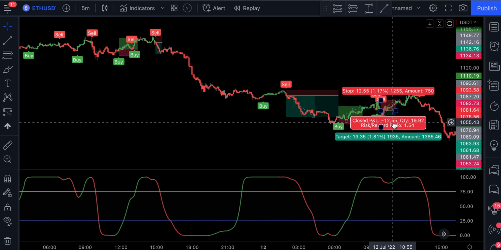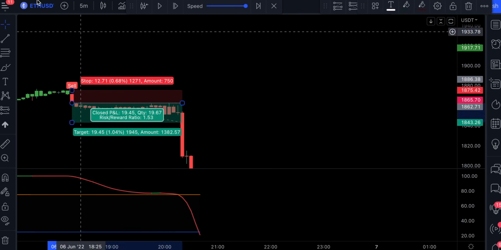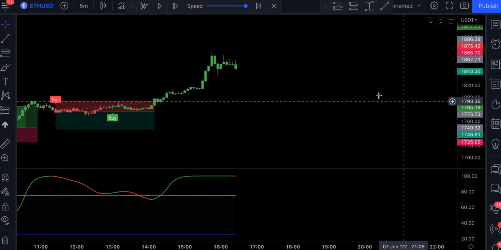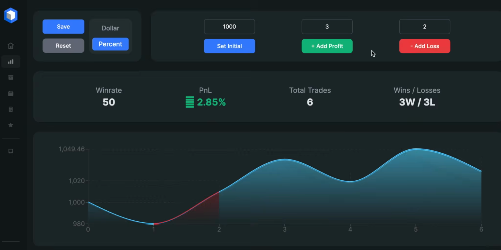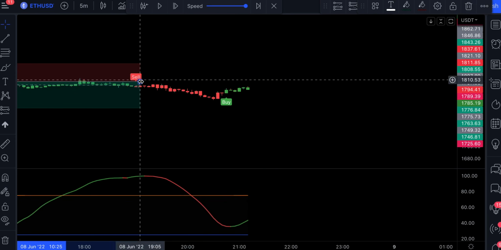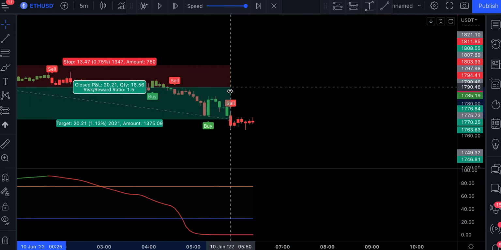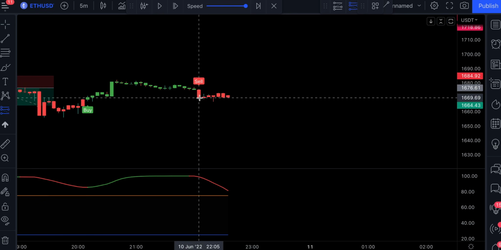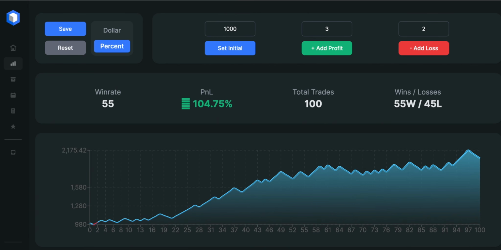So let's actually do our backtesting and see how well this strategy would perform in different market conditions. Okay, so the backtesting is finished and here are the results.